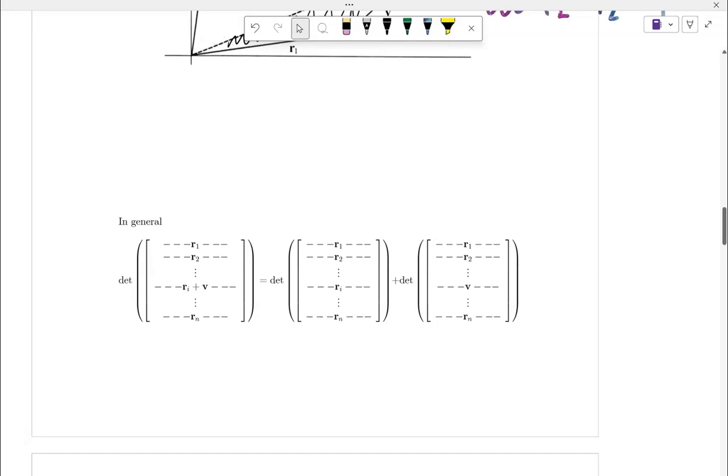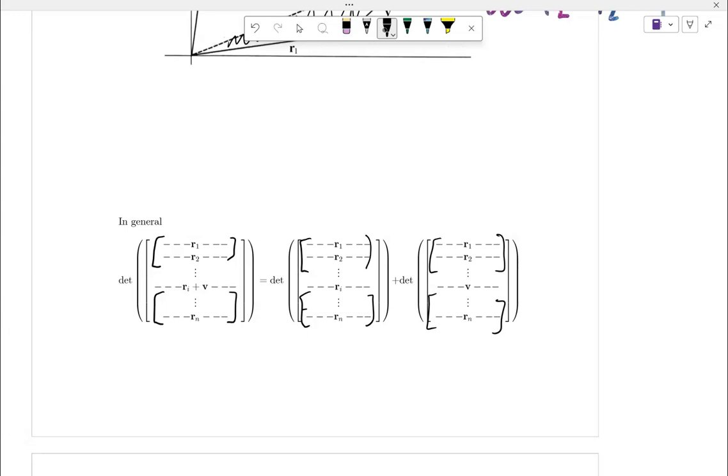Notice that the rows here that I'm putting brackets around are the same all the way across. Nothing else changed, right? Those things that have brackets across aren't changing.